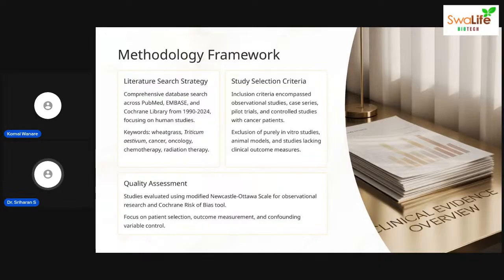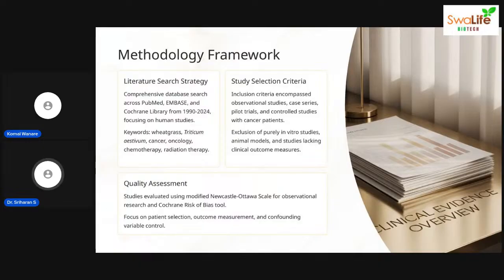If you want to know why: they will not give benefit in real clinical work. They act as a supporting document, but there is no strong evidence, since human testing is very low. So you exclude in vitro studies like animal model studies. This is the study selection criteria for wheatgrass.